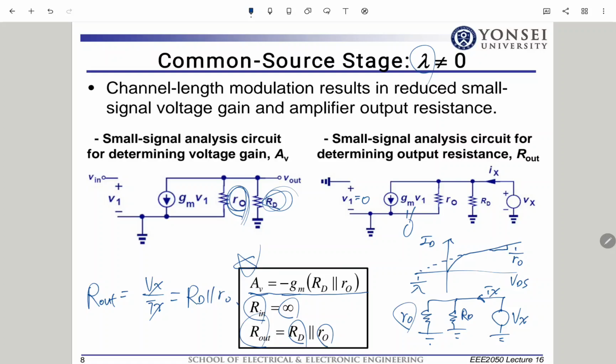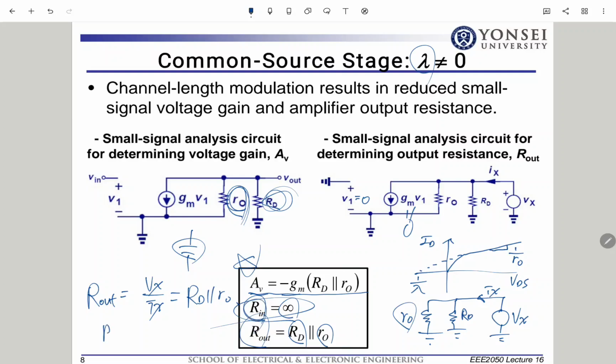Hey teacher, this is impossible. You said R in is infinite. Physically, is it possible? Yes, you are right, it's not possible. Why not? Because the capacitor also has some impedance. I said the MOSFET is a capacitor, so here we are measuring the impedance of the capacitor. That is R in.